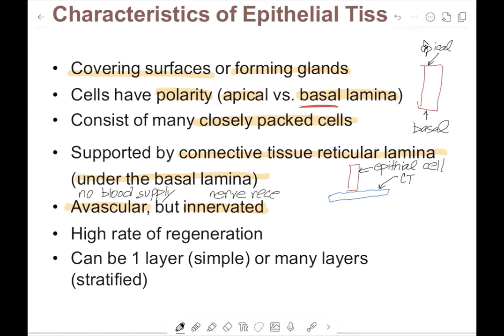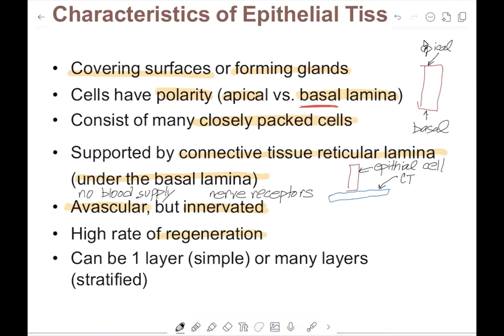Recall that on the last slide for sensory reception, I mentioned a type of stratified squamous epithelium. It has a high rate of regeneration. And this is important, especially for areas like the tongue or the mouth, the oral cavity, where there could be damage to superficial cells.